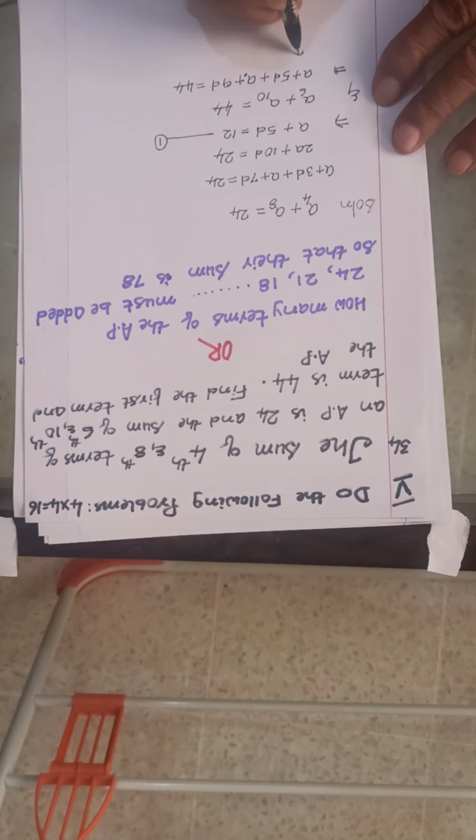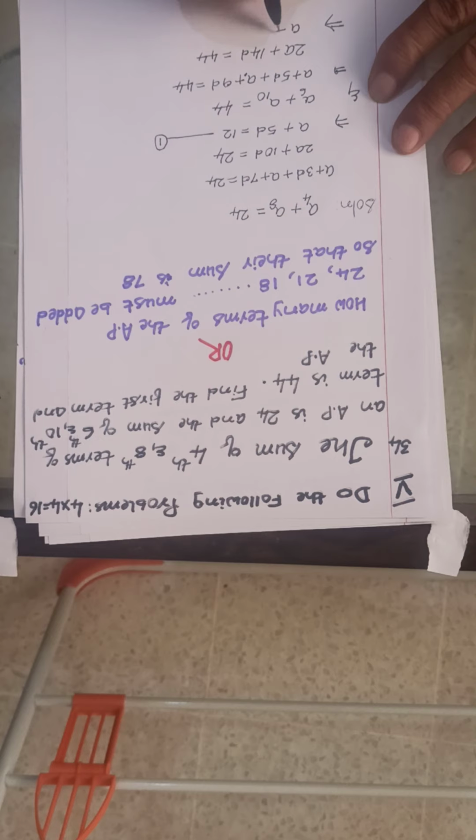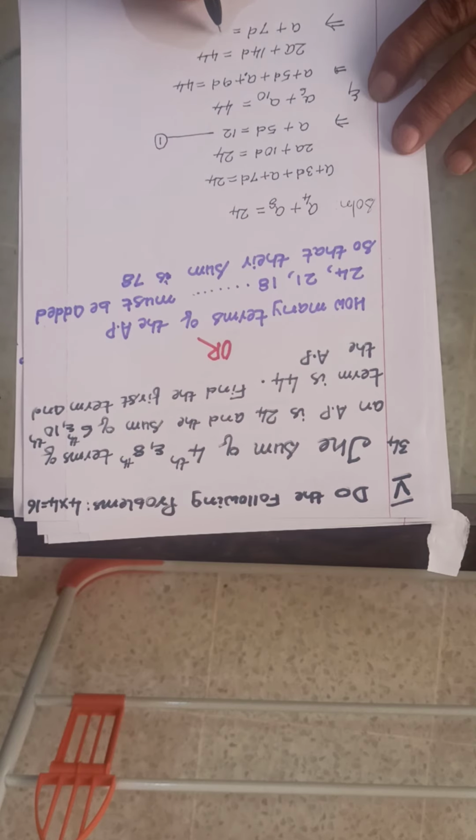Similarly, adding, this means 2A plus 14D is equal to 44. Here also remove 2 outside the bracket. This gives you A plus 7D is equal to 22, the simplified form. Call this equation 2.